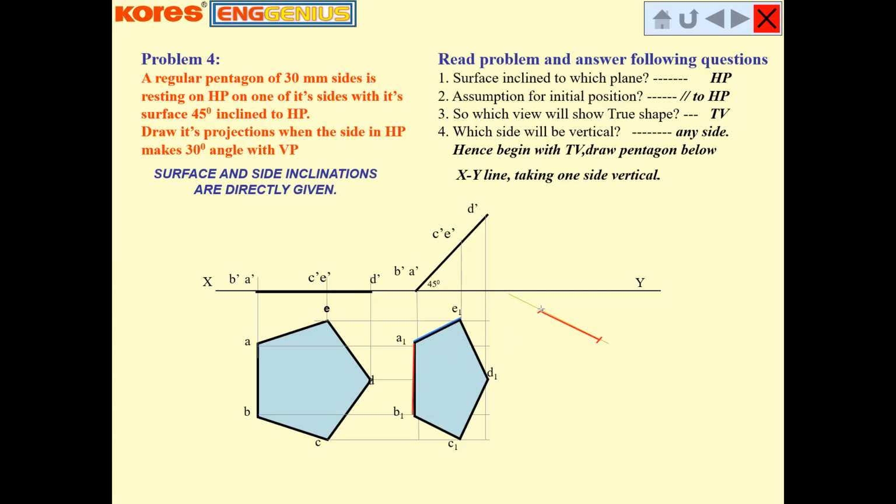Then by keeping point A as a center, you should mark the arc somewhere here, which has radius equal to AE and center A. Similarly, you need to measure the distance from A to C and set your compass radius like B1, E1 will be your radius. Now, by keeping point B as a center and BE as a radius, you should mark the arc over here. So you will find the location of point E, and then you need to join it with A.